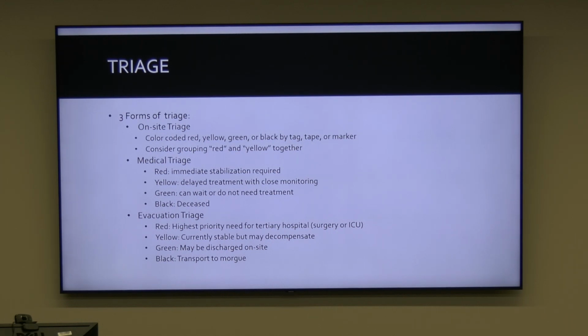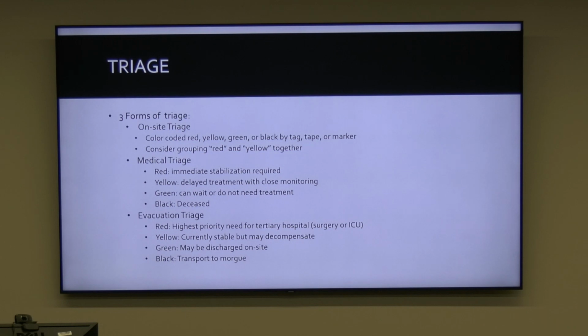These are people that need a functioning ICU or immediate surgery. These are the people that need to be evacuated as soon as possible. Keep in mind that this might not be as quick as we are used to, but nonetheless, they are the highest priority of people that need to be transported.